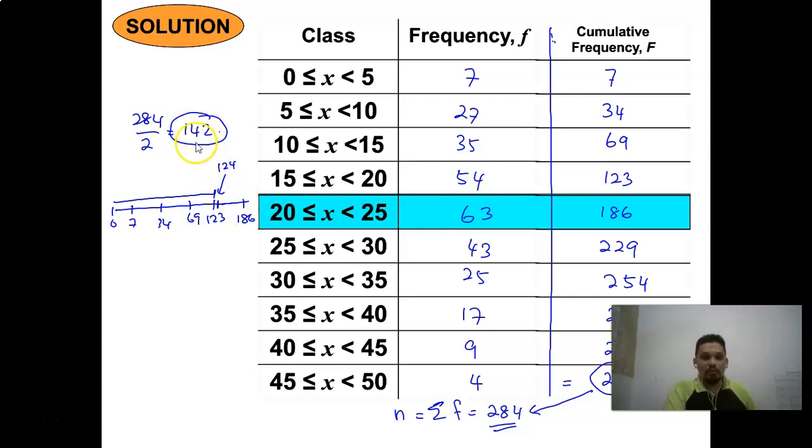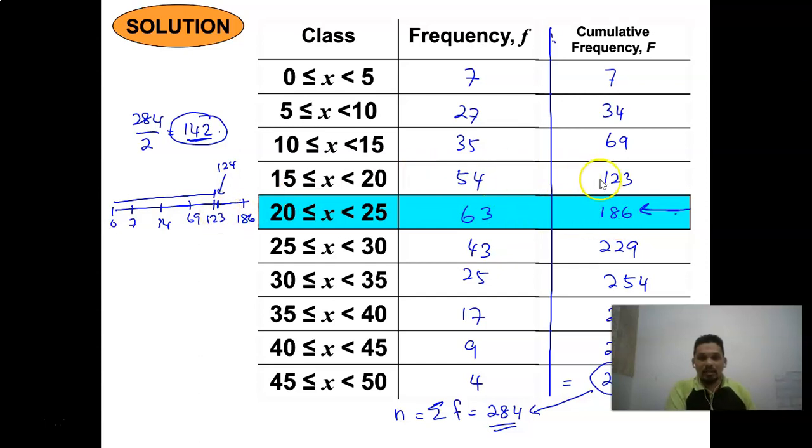So then 142 lies in between 124 and 186, meaning our median class lies in this range, the class of x from 20 until 25, with a frequency of 63 and cumulative frequency of 186.